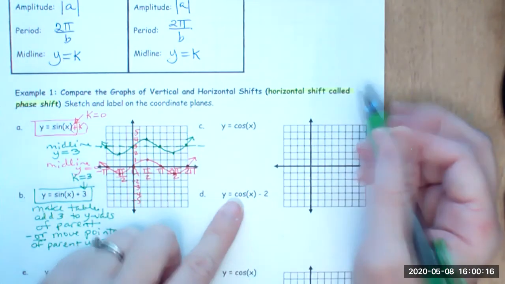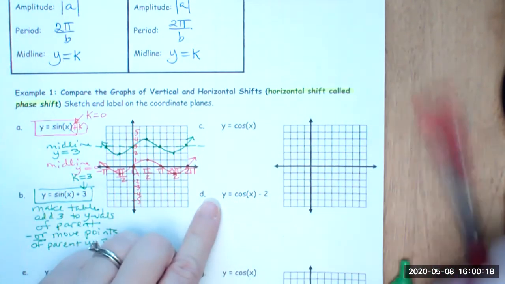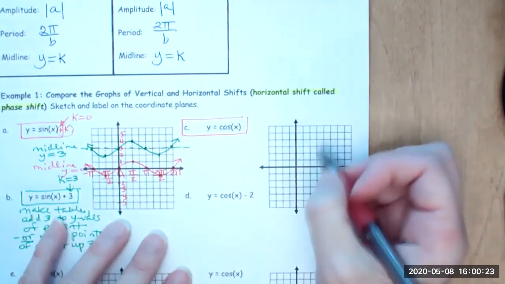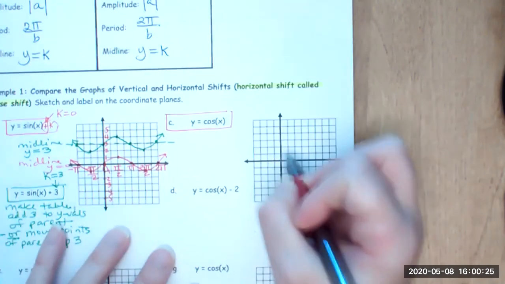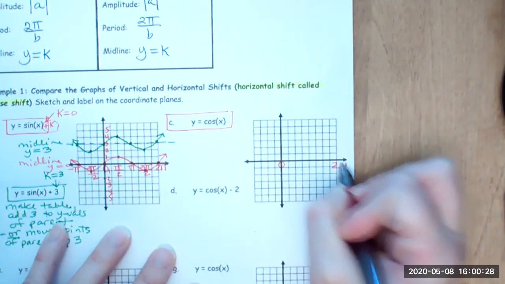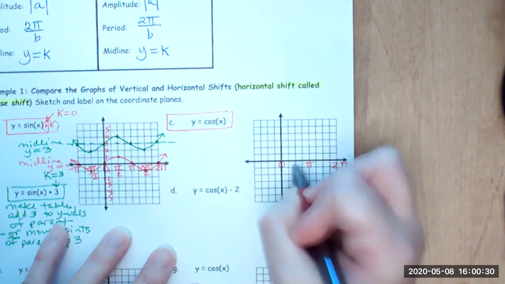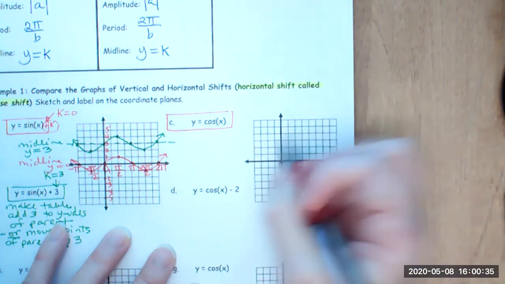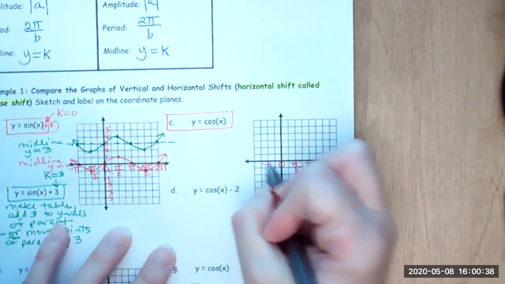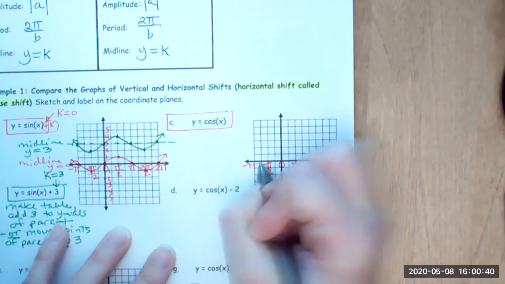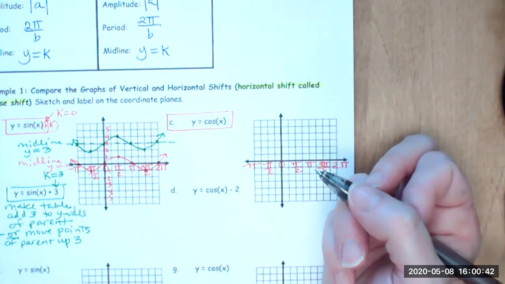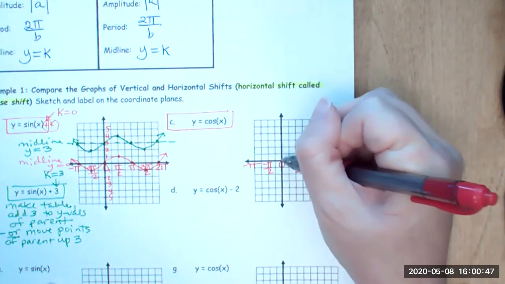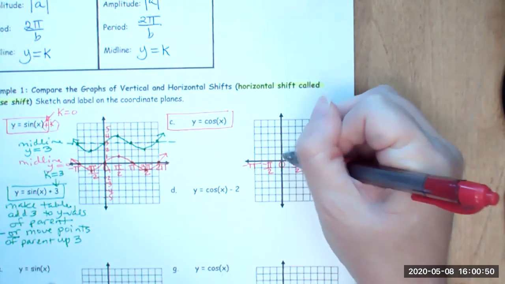So for cosine, if we label the graph in the same manner, we've got the 0, the 2 pi, here is pi, pi over 2, and 3 pi over 2, and negative pi over 2, and negative pi. And just remember, starting with our 5 key values, when x is 0, the cosine of 0 is 1.